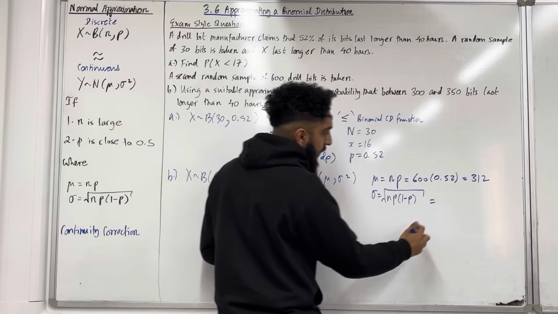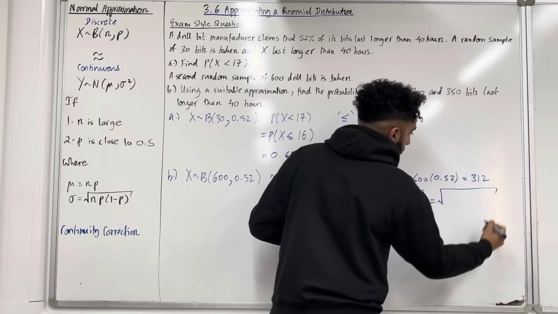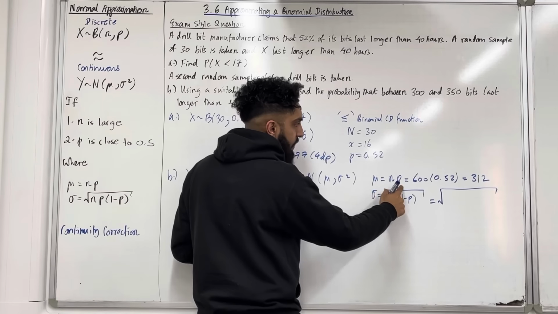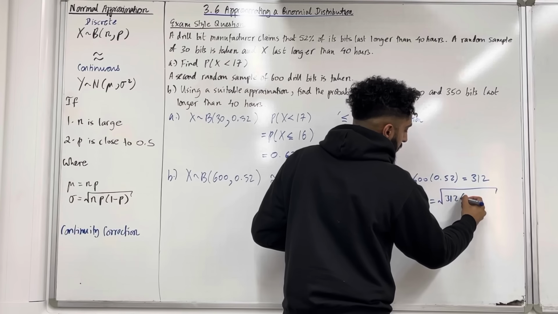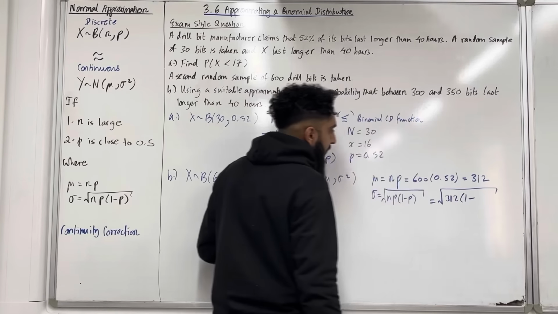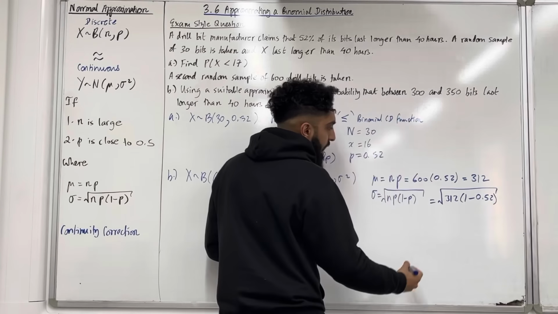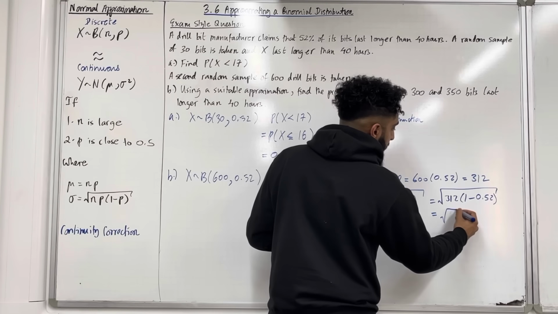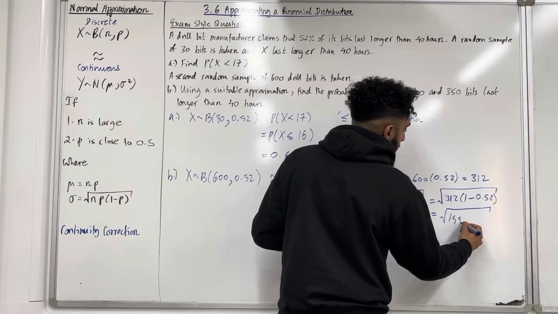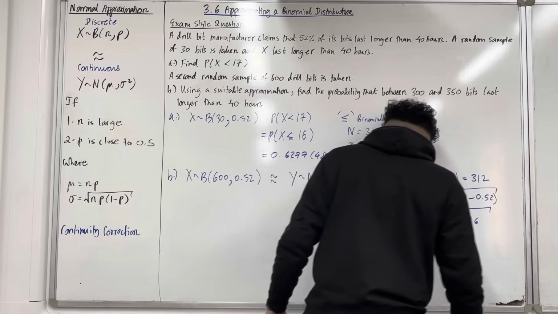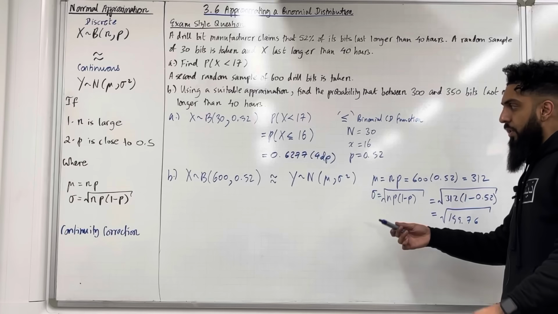The standard deviation is given by the square root of np, which is 312, multiplied by 1 minus my p-value, which is 0.52. So if I put this into my calculator, I get the square root of 149.76. So I've applied a normal approximation.